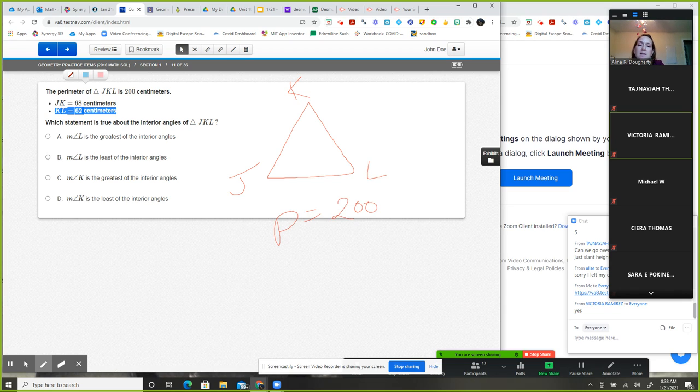JK is 68, KL is 62. If I know 68 and 62, can I subtract those in order to find the missing side? So this is 70. The question says, what is true about those interior angles? Which one of these is true? In the chat, what do you think is true based on that drawing? How do I figure out which angle is biggest and which angle is least?